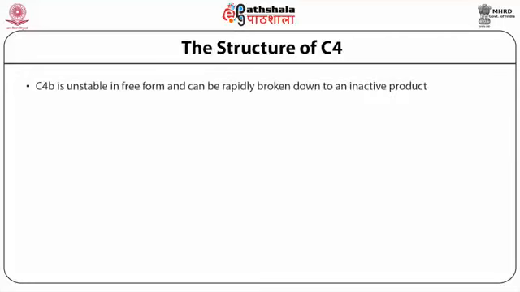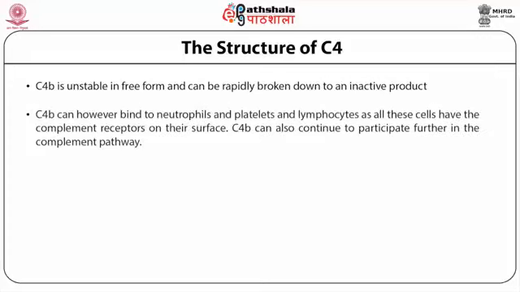C4B is unstable in free form and can be rapidly broken down to an inactive product. C4B can however bind to neutrophils, platelets and lymphocytes, as all these cells have complement receptors on their surface. C4B can also continue to participate further in the complement pathway.